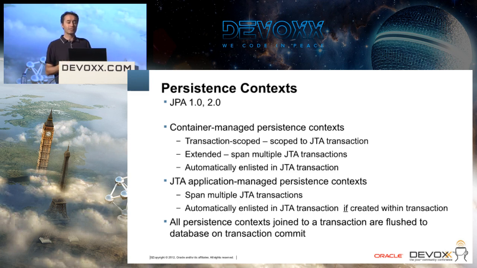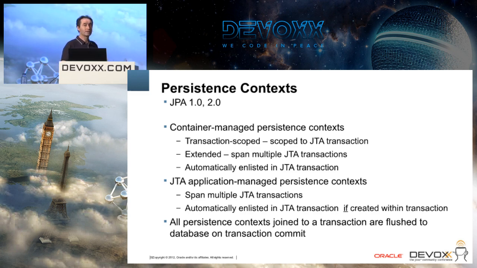So scoped to the JTA transaction. That means that in a transaction scoped persistence context, like an entity manager manages your persistence context, when a JTA transaction is committed, your entity manager is committed. So all the work you do, any interaction you have with an entity manager, will get committed when the JTA transaction is committed. And in an EJB world, that's typically at the end of a method, some EJB method at some point, you'll commit the transaction.